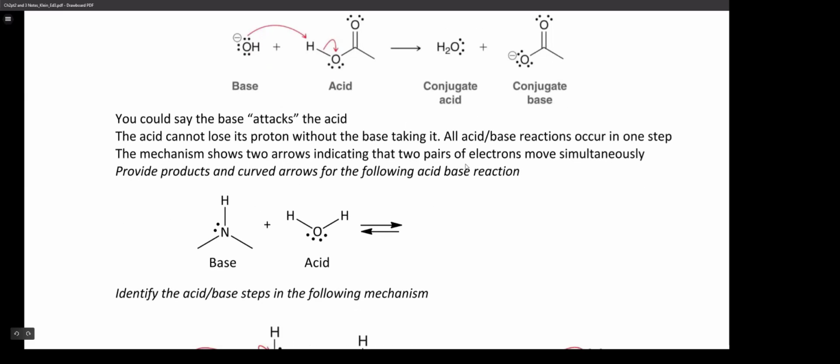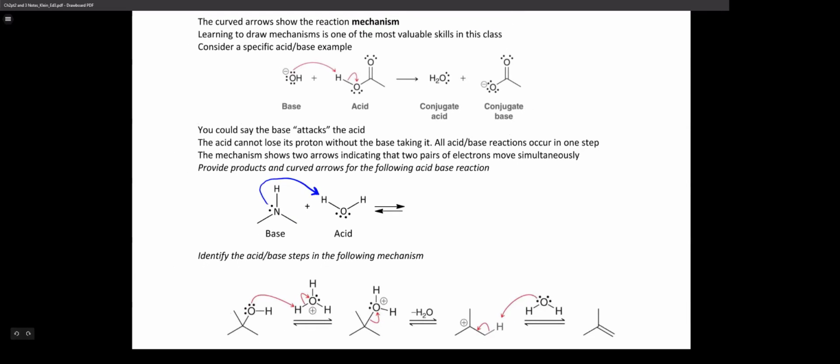Okay, so we can go like this, and they don't have to be in fancy curlicues or anything, but I'm going to go over the hydrogen. It's kind of ugly. And it will grab that hydrogen. Or rather than hydrogen, I should say proton.